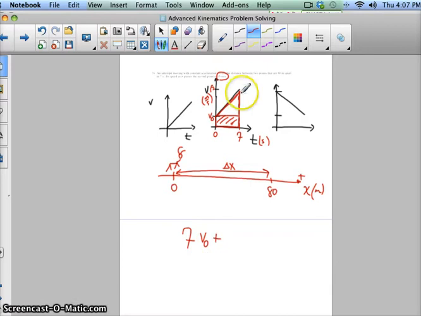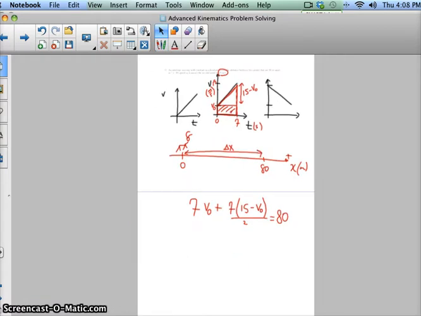Now, this amount here is going to be 15 minus my initial velocity. So I got 7 times 15 minus initial velocity, right? And I have to divide that by 2 since that's the area of a triangle. And together, these will add to 80 since that's my displacement.